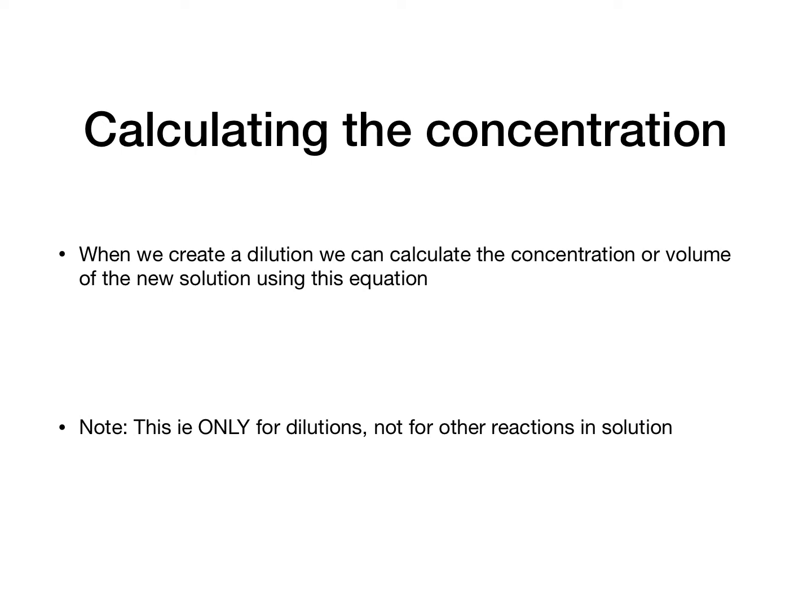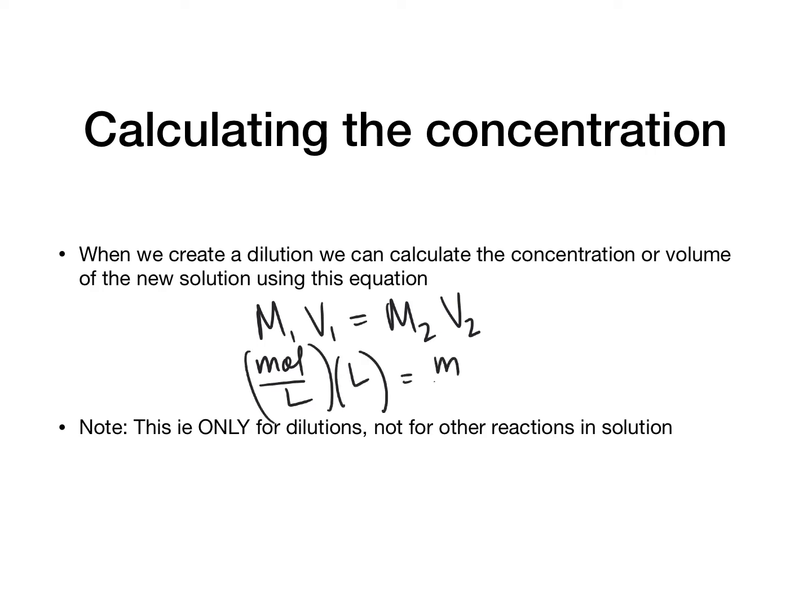So we can create a dilution. When we create a dilution, we're going to calculate that concentration using this equation of M1 V1 equals M2 V2. So in this equation, what we see is that moles over liters multiplied by liters equals moles over liters multiplied by liters.